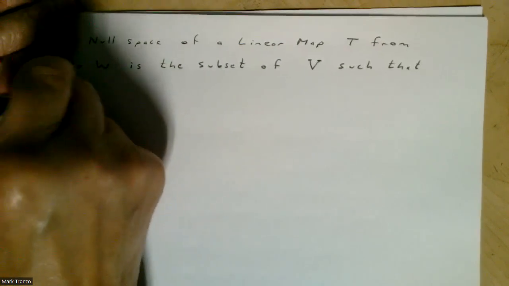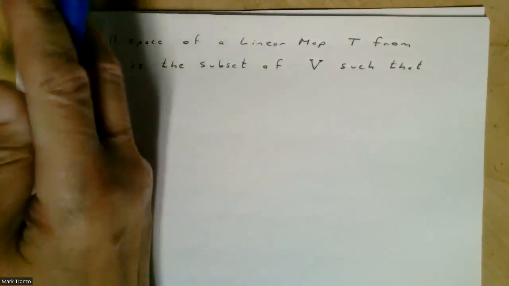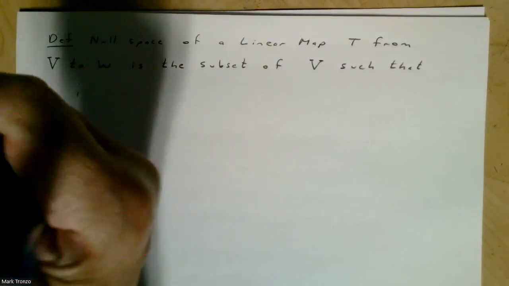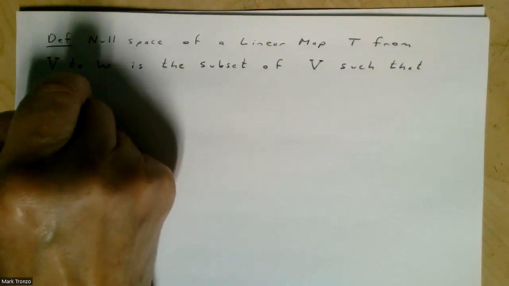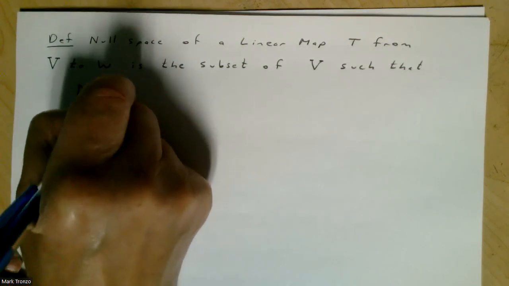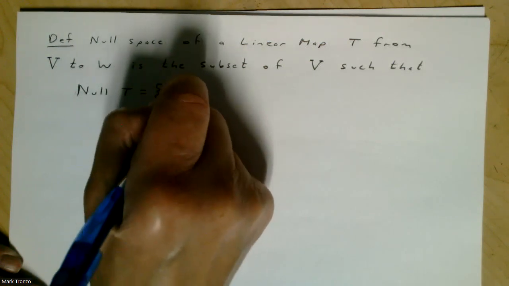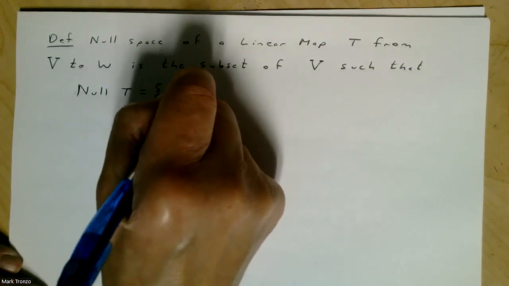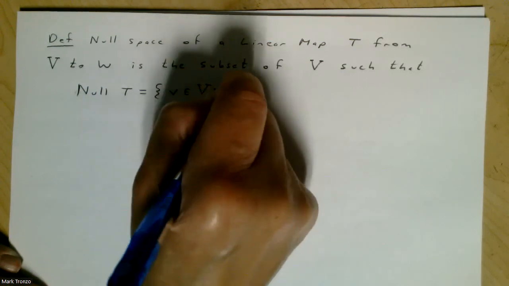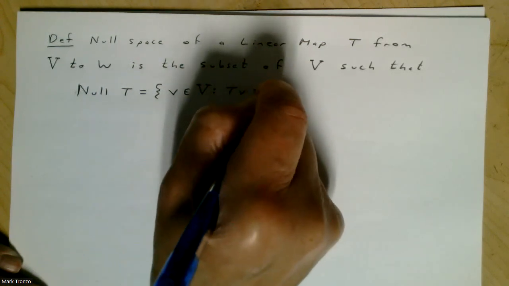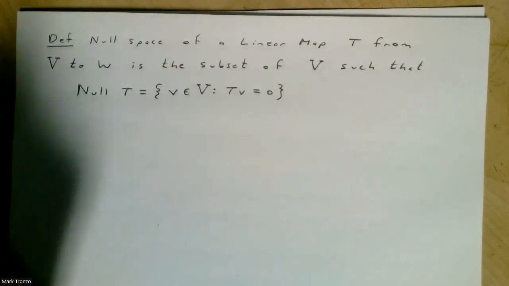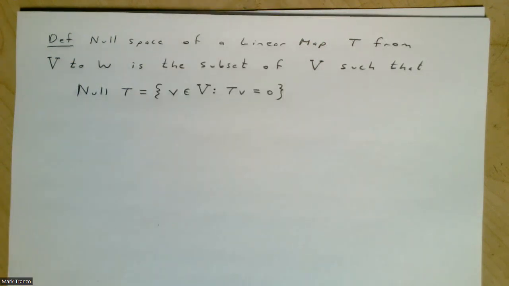A lot of times I'll just call this null. The null space of T is going to be those values, say v in the space V, such that when you put them into the transformation, you get 0. So the null space is specifically those values that make the transformation produce 0.